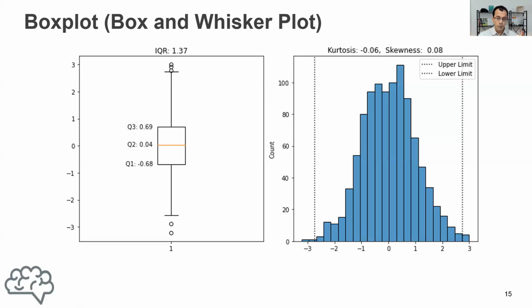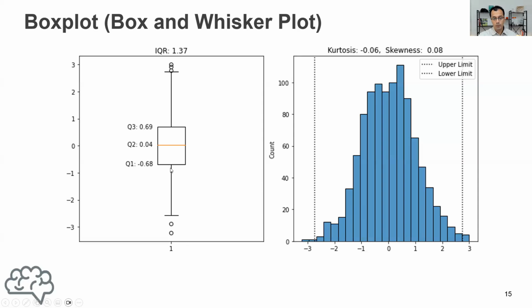Actually, Q2 is composed of all the data from the minimal to Q2, to the median. And then Q3 contains 75% of the objects. And if you take the whole box and whisker plot, it contains, of course, 100% of the objects, of the values of the variable.